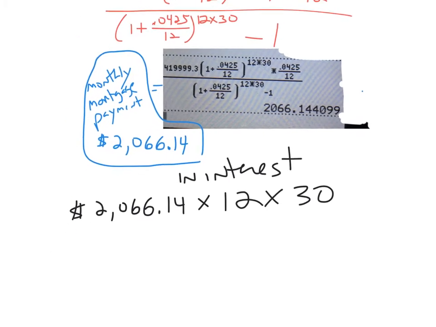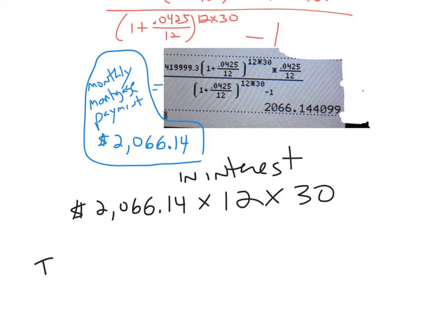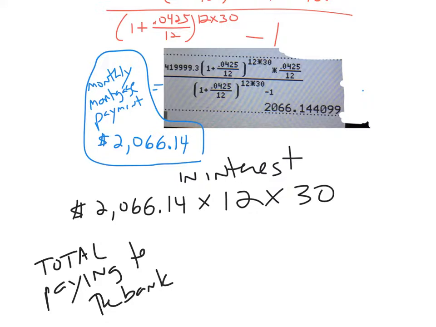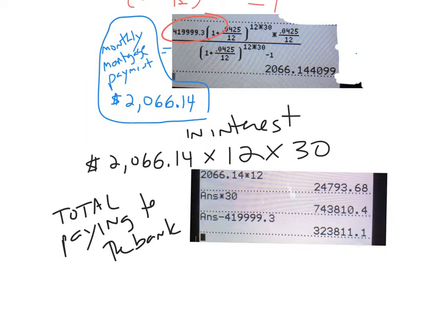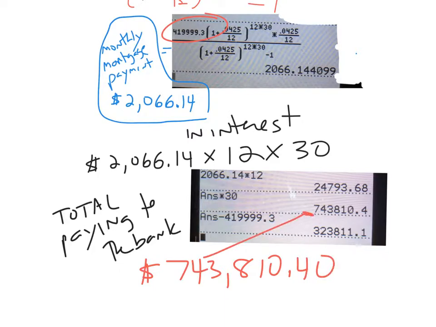So this is going to give you your total that you're paying to the bank. You're borrowing that $419,999.30, but over the 30 years, you're going to be paying the bank back $743,810.40. So that's how much you're paying the bank back. You take your monthly payment times 12 and then multiply that by 30.